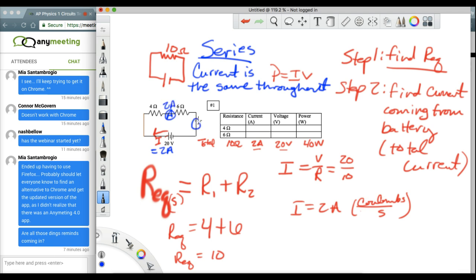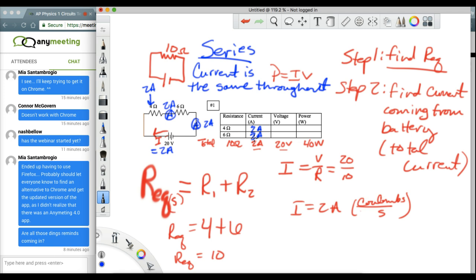And if I measured with an ammeter here, it would also be 2 amps. Even inside the resistors, it is 2 amps. You can think of a series circuit as one pathway, one pipeline carrying the water, one river. It's going to have one current. So the current is going to be 2 amps going through that resistor, and also 2 amps going through that resistor.